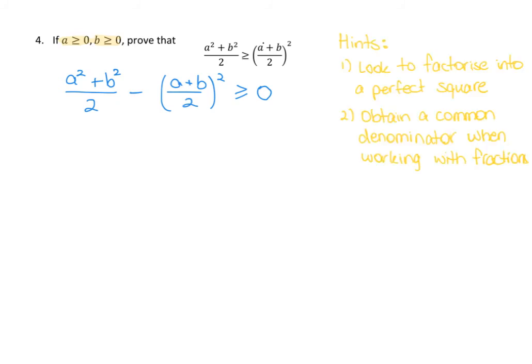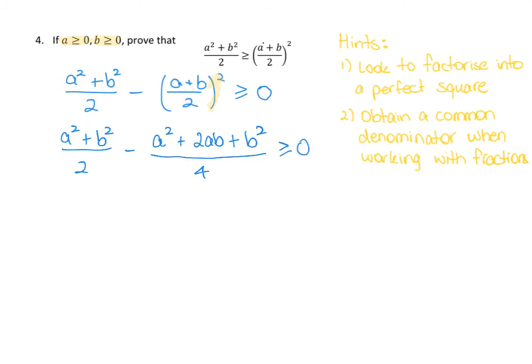So in order to get a common denominator, I'm going to have to start by expanding this set of brackets. So we'll leave the first fraction untouched for the moment, and this second set of brackets will give us a binomial on the top and a 4 on the bottom.